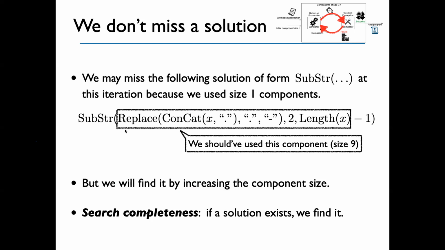To find this solution, we should have used components of size 9, but we just used size 1 components. However, the overall algorithm does not compromise the search completeness. Though we could not find this solution at this time, we will eventually find it by continuously increasing the component size.